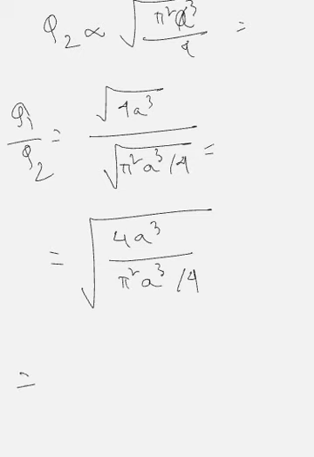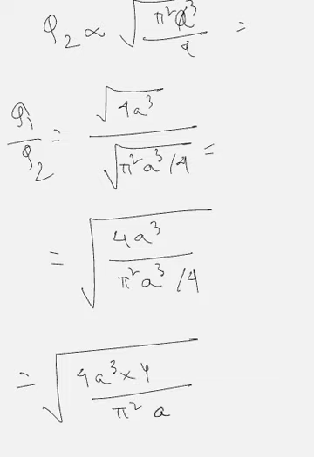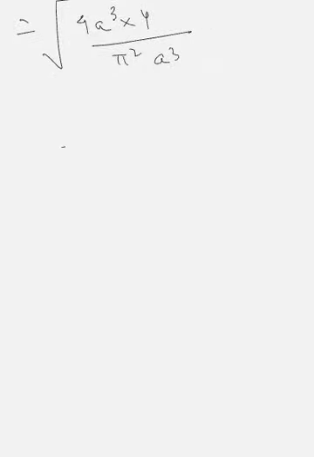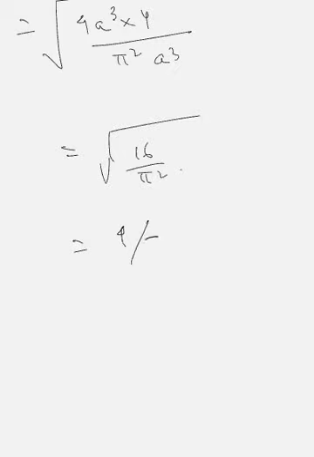So we get root over of 4a cube into 4 by pi square a cube. Now cancel a cube, so we get root over of 16 by pi square. Now take the square root, so we get 4 by pi. So the correct answer is 4 by pi.